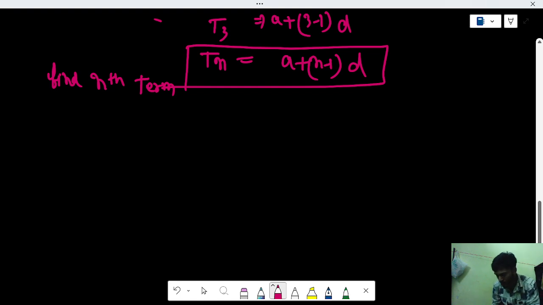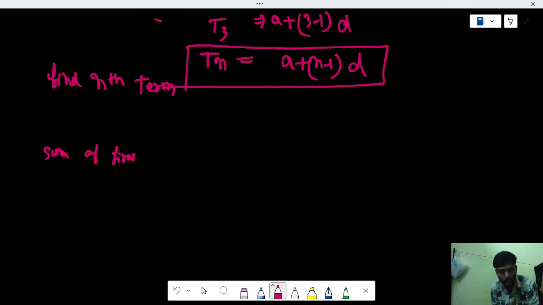And the sum of the first n terms, Sn, is equal to n by 2 into 2a plus n minus 1 into d.